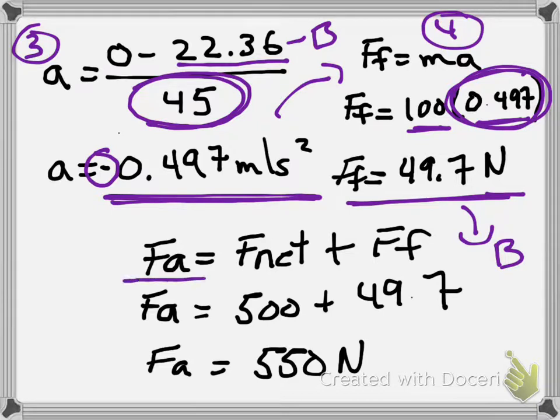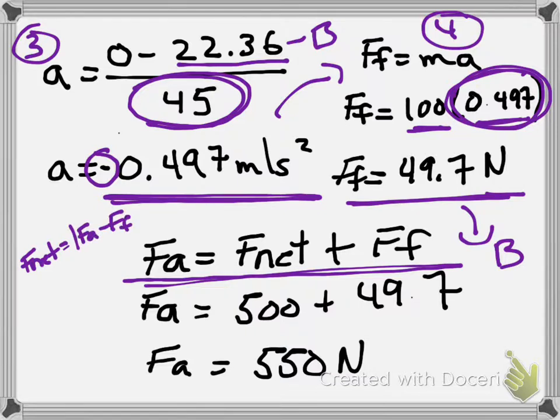Then we're going back to our overall interaction between F net, frictional force, and applied force. So remember that this comes from F net equals Fa minus Ff. I've just dropped the absolute value bars, and then we're rearranging that for Fa.